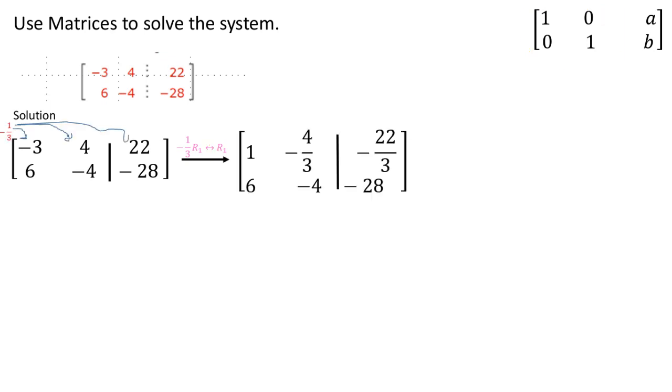So if I do that, -1/3 times a -3. So a -3 divided by a -3 is a +1. A -1/3 times 4 is a -4/3. And a -1/3 times a +22 is a -22/3. Okay, so I have a 1 here.